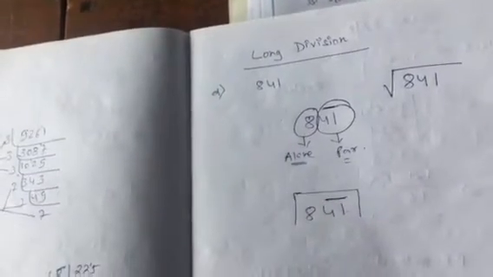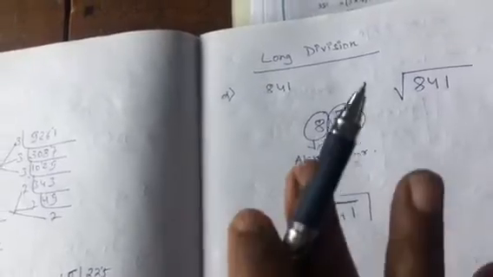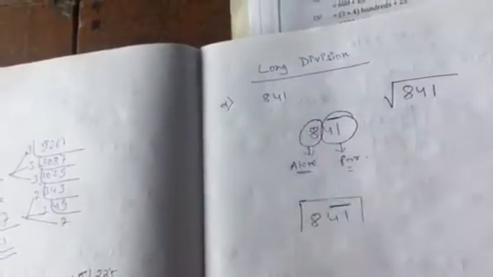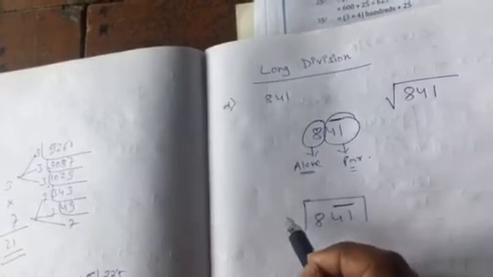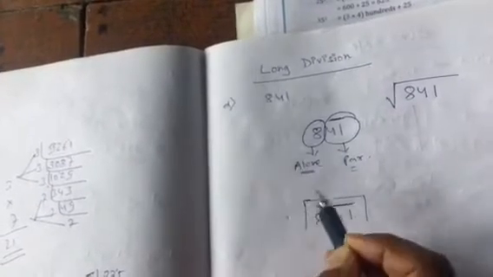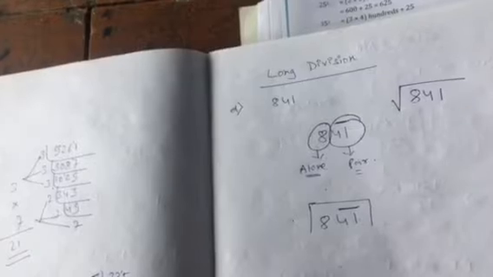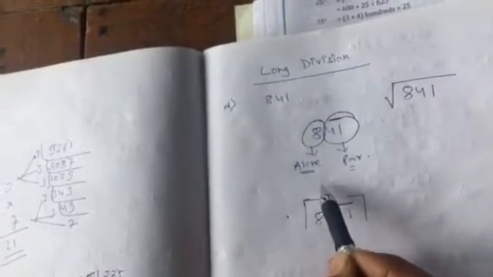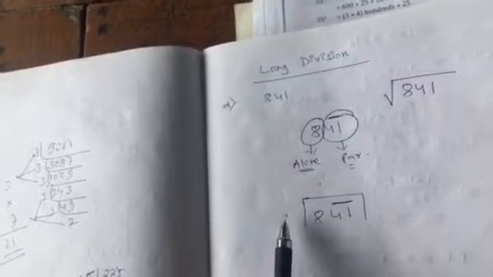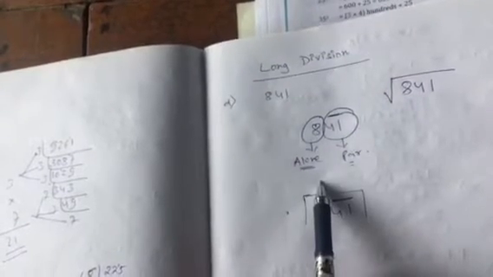Now while finding the square root of a number with the long division method, you just make a pair. Then you have to write a divisor here and the quotient here. But the interesting thing is, the divisor and the quotient have to be the same. Say for example, if I write here 1, then 1 has to come here.